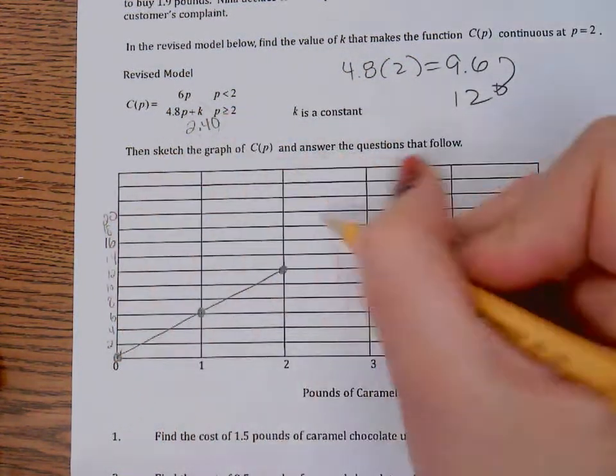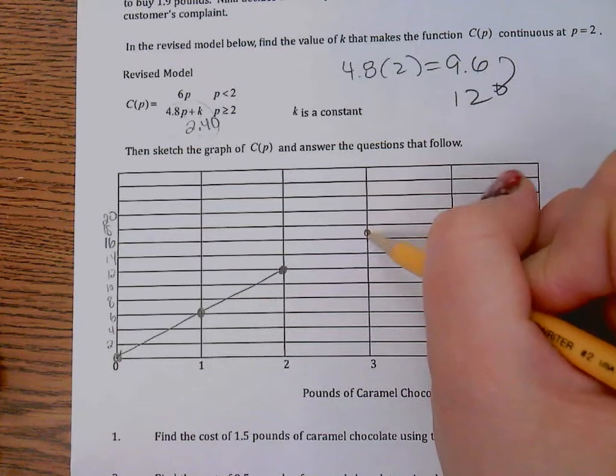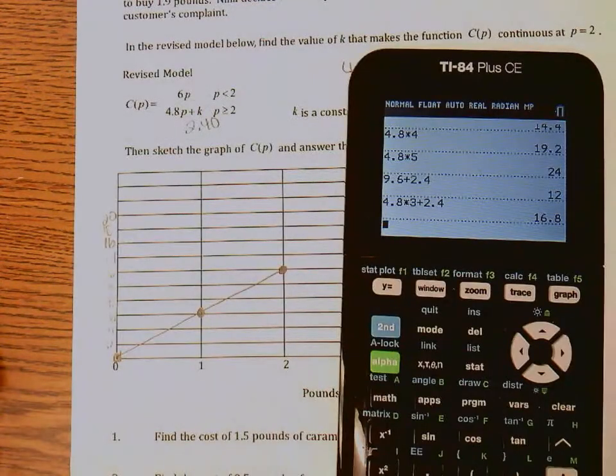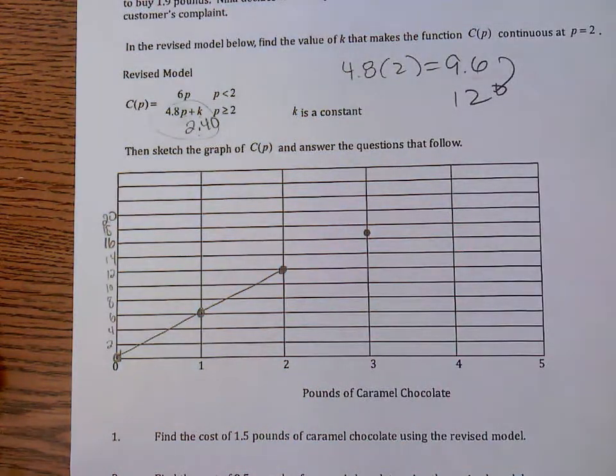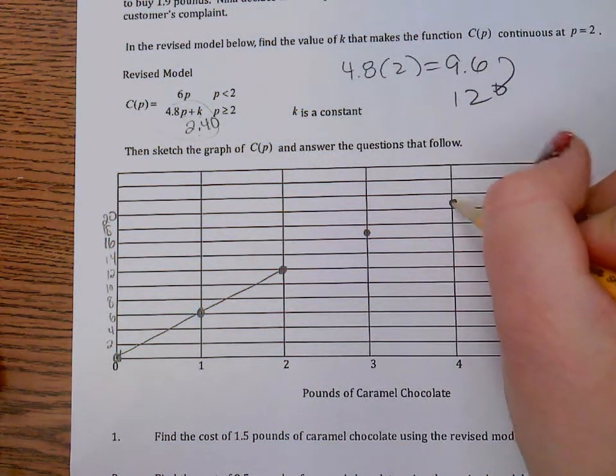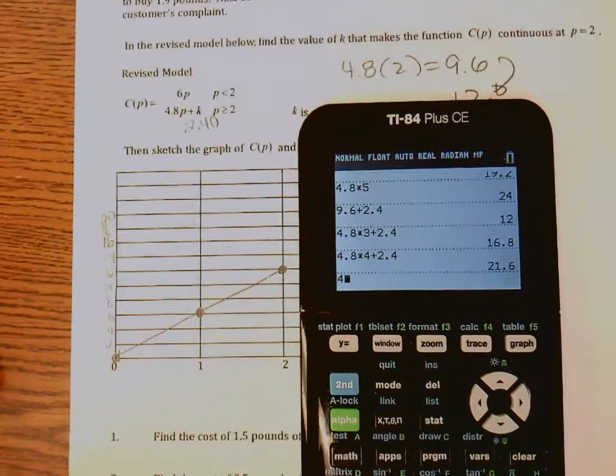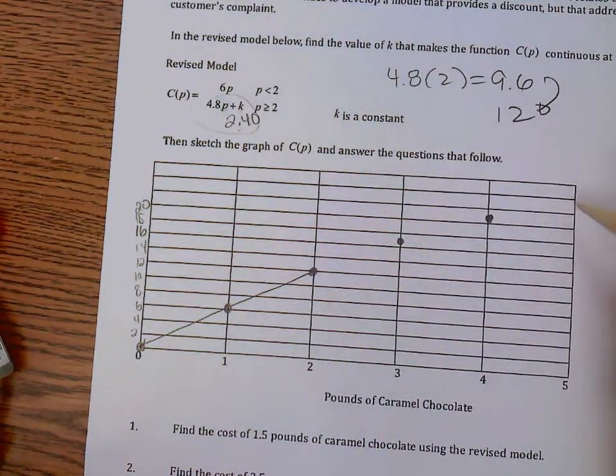So this is now 16.8. And then if I plug in 4.8 times 4 plus 2.4, I'd be at 21.6. And then if I plug in 4.8 times 5 plus 2.4, I'd be at 26.4.